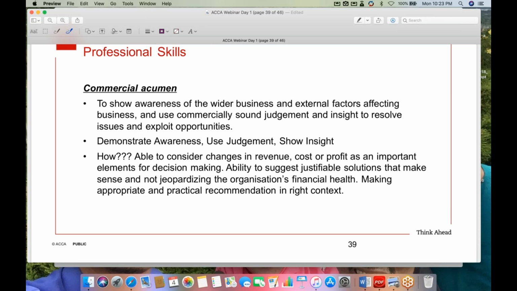If you don't have cash, you don't ask them to employ more staff, for instance. It doesn't make sense. Where are they going to get cash to pay for the staff? These are the things you must have in mind: when you suggest something, it has to make sense.